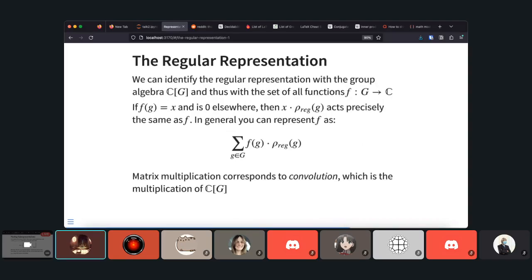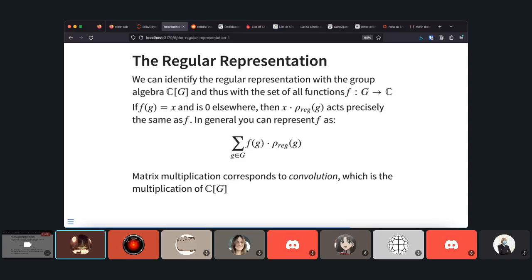So there are a number of cool things about the regular representation, but one of them is that the regular representation is the same as the group algebra and is the same as all functions on the group. And the group algebra is also a ring.